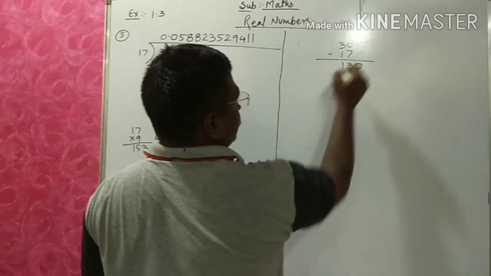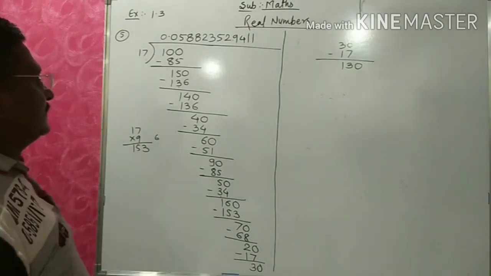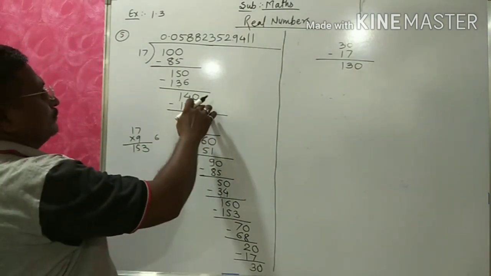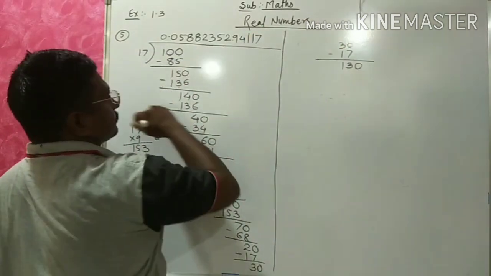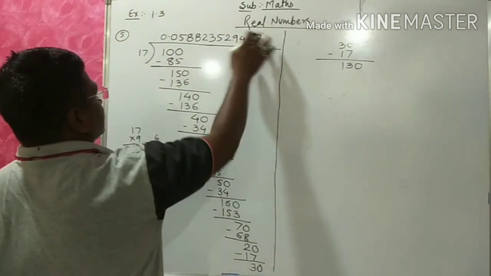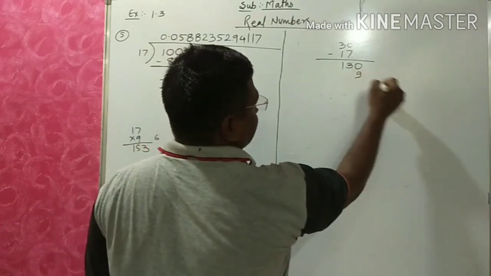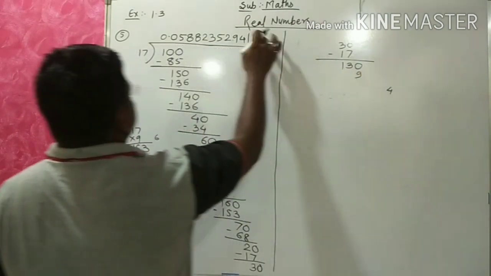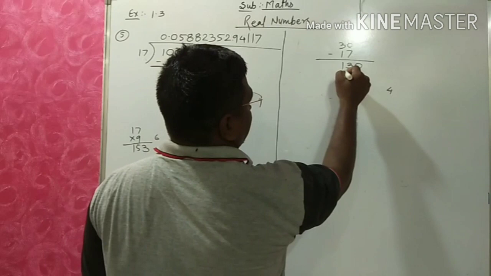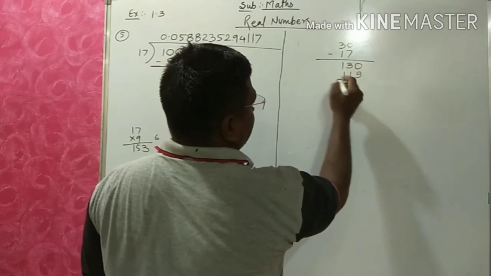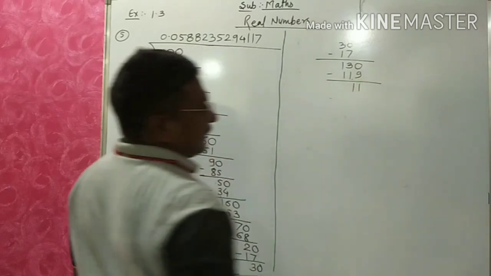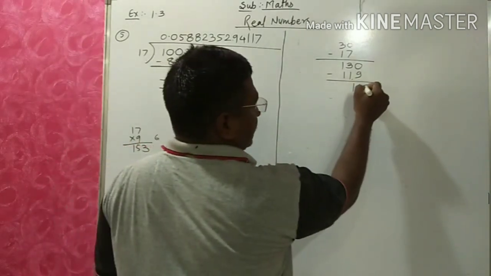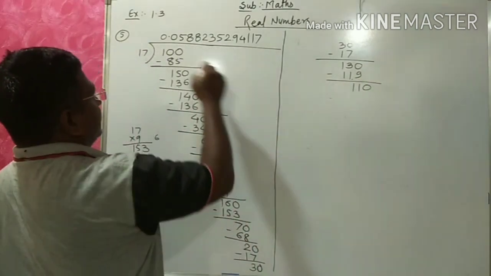Again 0. So what is? 17 7s are 119. So here 1, 1. 11. Now again 0.